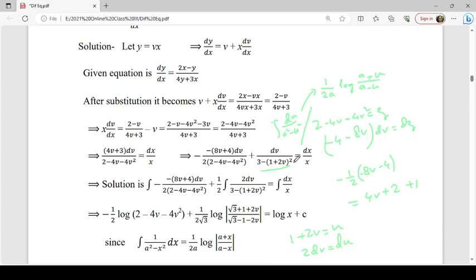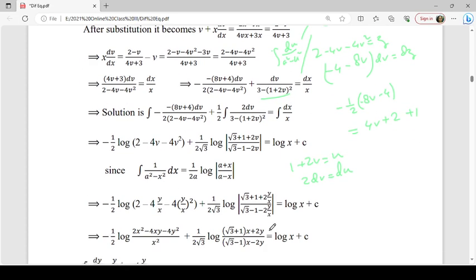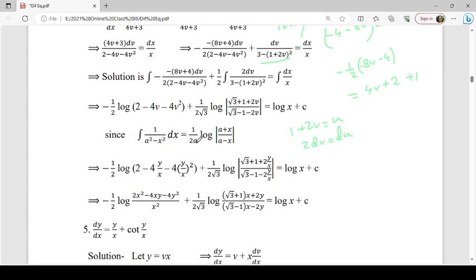So a is root over 3, u is 1 plus twice v, root over 3, 1 minus, minus u, it is minus 1 minus twice v, this is log, and a is root over 3. So this is our, and this is the formula.